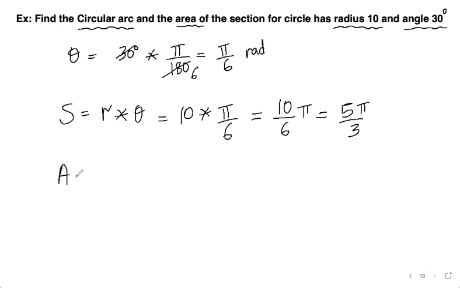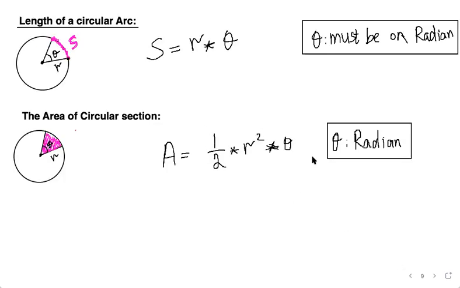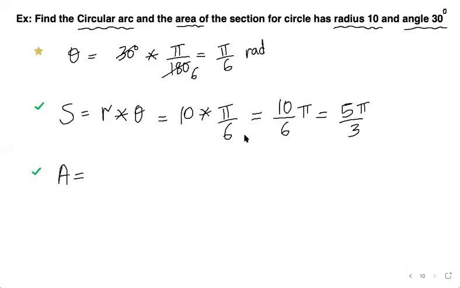Now what is my R? I mean the area. The formula is like here. This is my formula. It is 1/2 times r squared times theta.